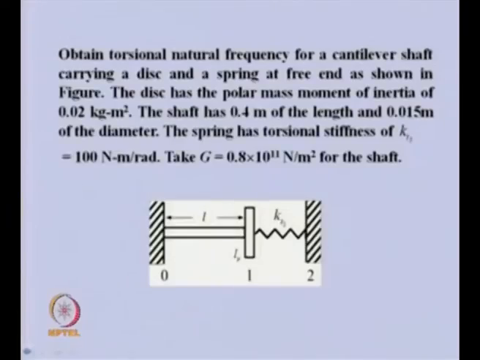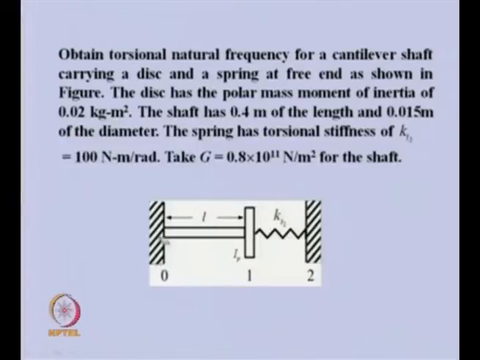Now, we will take some more examples to illustrate the capability of the method for more complex boundary conditions. In that connection, let us take another problem in which there is a massless shaft and a disc at the end.